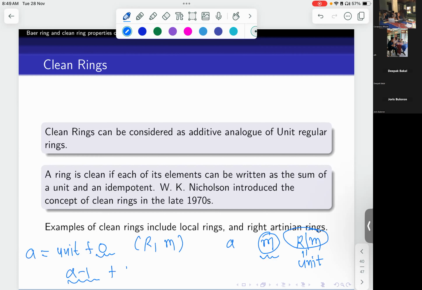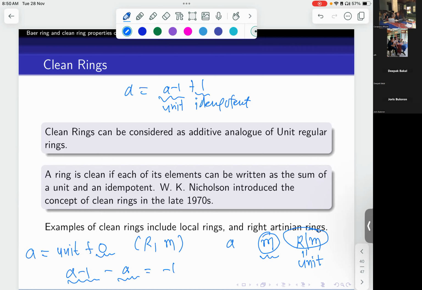Clearly A cannot be in the maximal ideal if A minus 1 was in the maximal ideal, since otherwise the sum would be the whole ring R. So you can write A as A minus 1, which is a unit, plus 1, which is an idempotent. So local rings are clean rings.